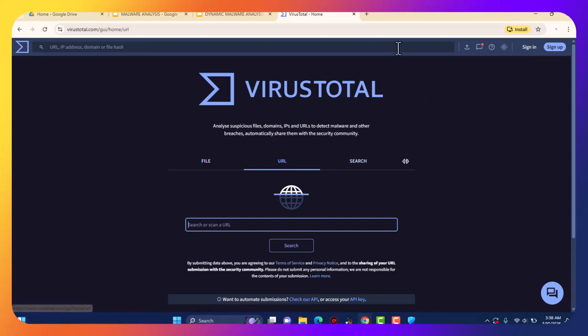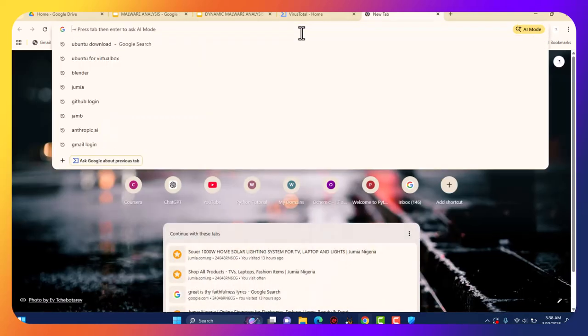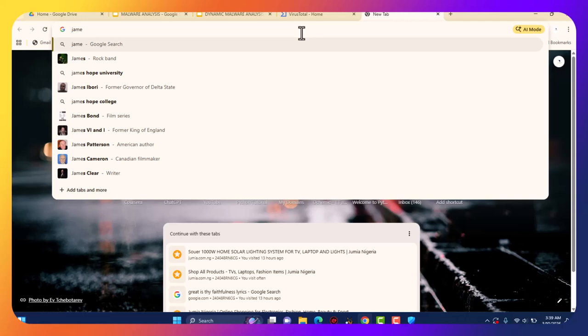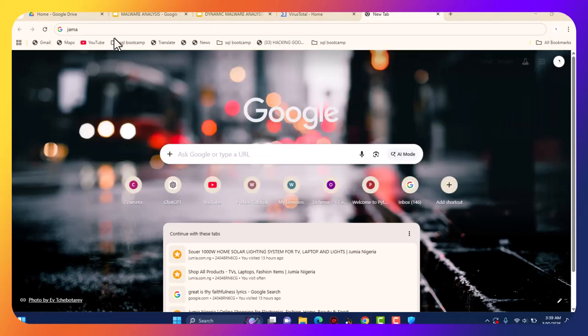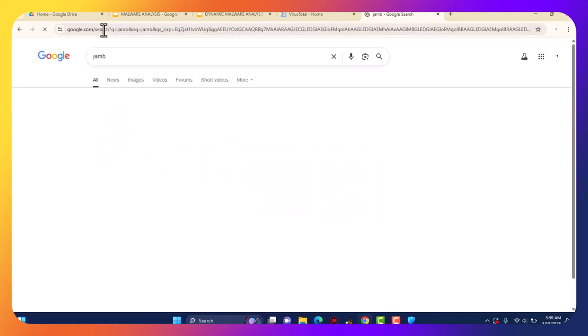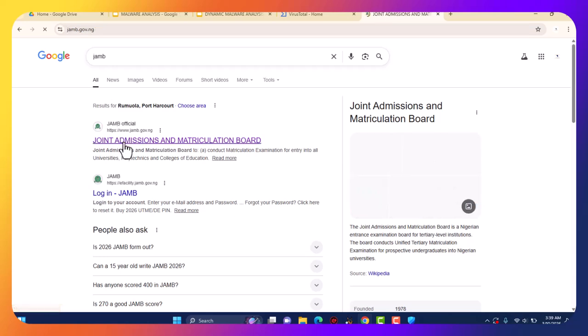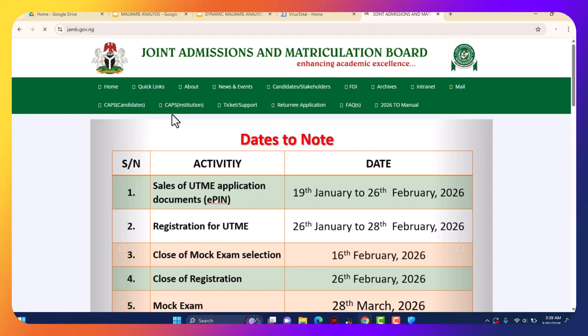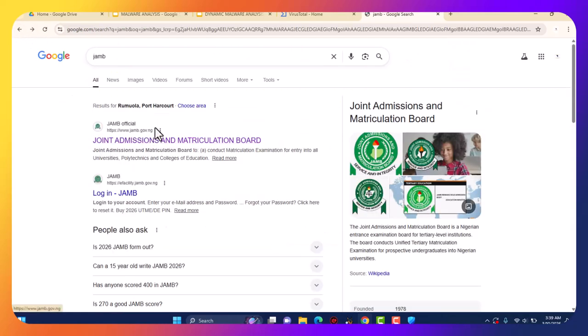So what it means is this: if I type jam and press enter, then under the official jam result you see something like HTTPS slash www.jam.com.ng.